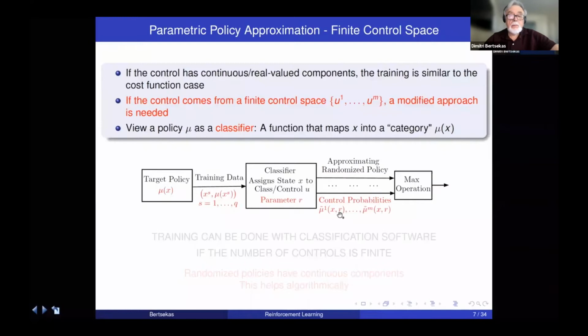So given x and given r, the classifier gives the probability that this object belongs to category 1, the probability that it belongs to category 2, and so on up to M. In the context of policies, this type of object is what's called a randomized policy: it assigns to a state a probability distribution over controls to apply.